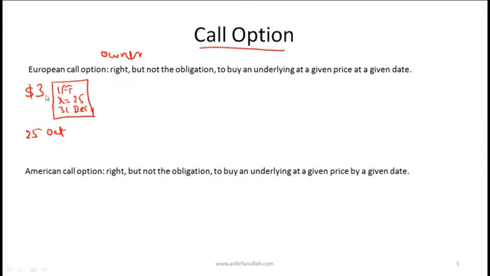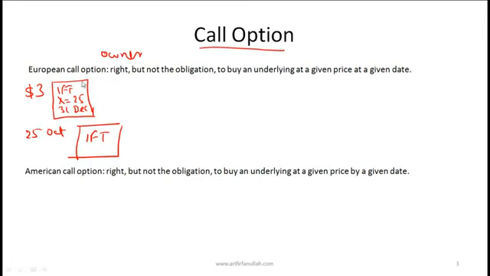Now the underlying here, by underlying we mean whenever we talk about derivatives, be they forwards, futures or options, there is always some underlying. In this case, the underlying is a stock.